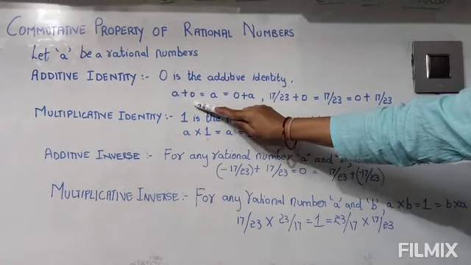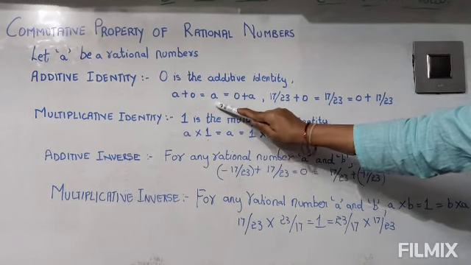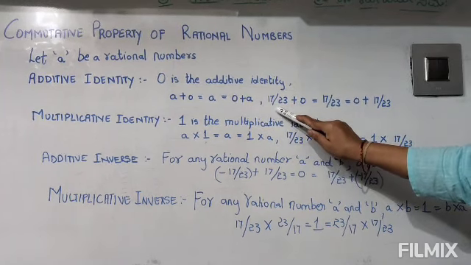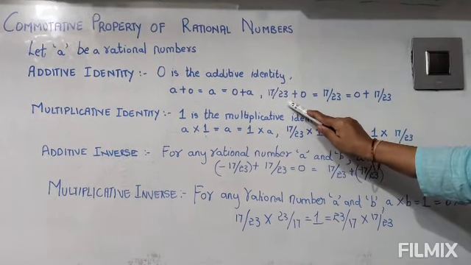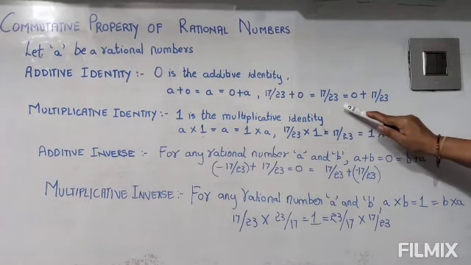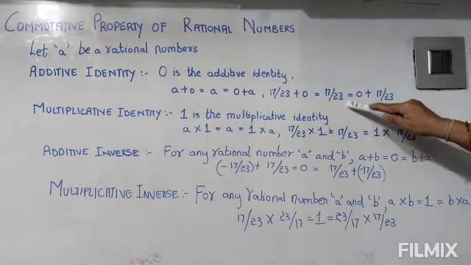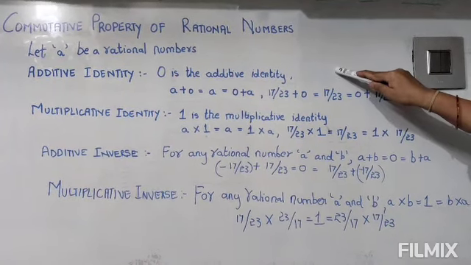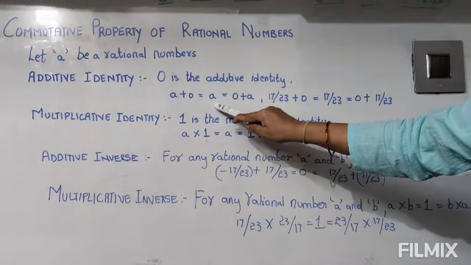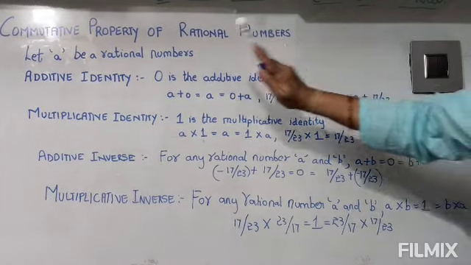A plus 0 is equal to A. Any number added to 0 is the number itself, isn't it? 0 plus A. For example, 17 by 23 plus 0 is equal to 17 by 23. 0 plus 17 by 23 is again 17 by 23. Therefore, any number added to 0 is the number itself. 0 is the additive identity.